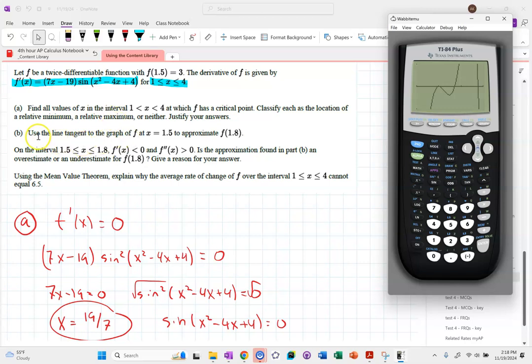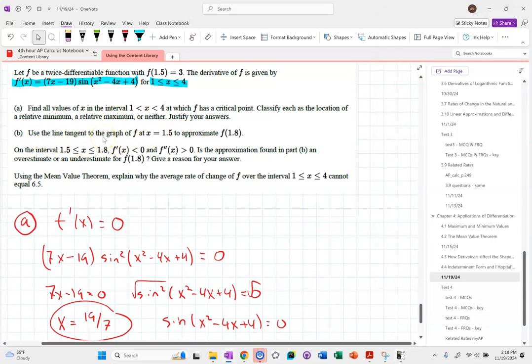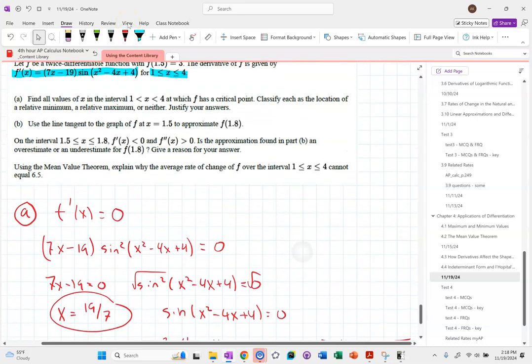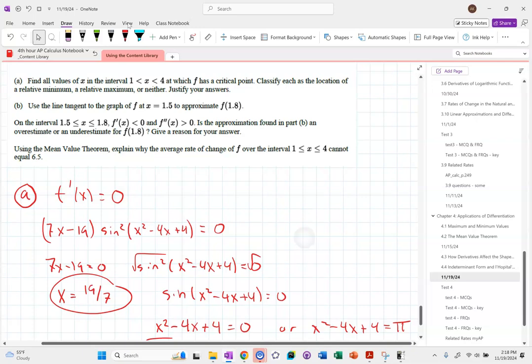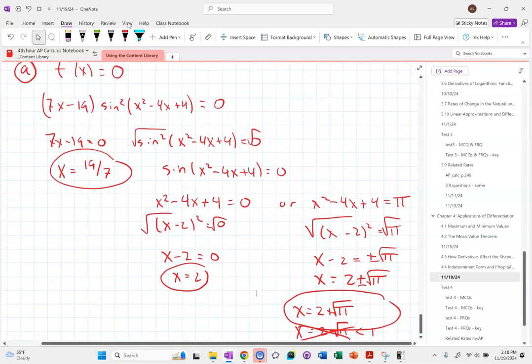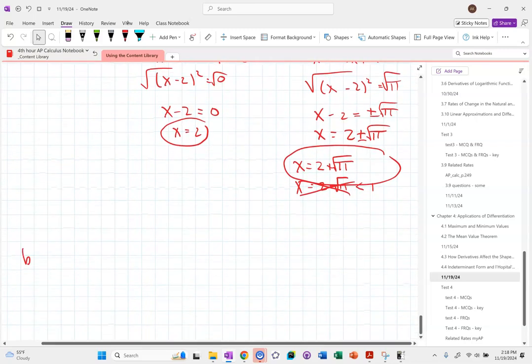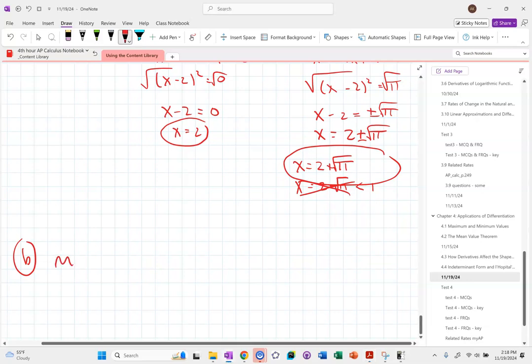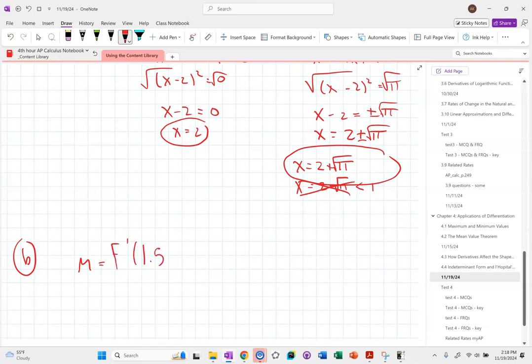Okay. Use the line tangent to the graph of f at 1.5 to estimate f of 1.8. So in the problem, I know the slope for this tangent line is going to be f prime of 1.5.